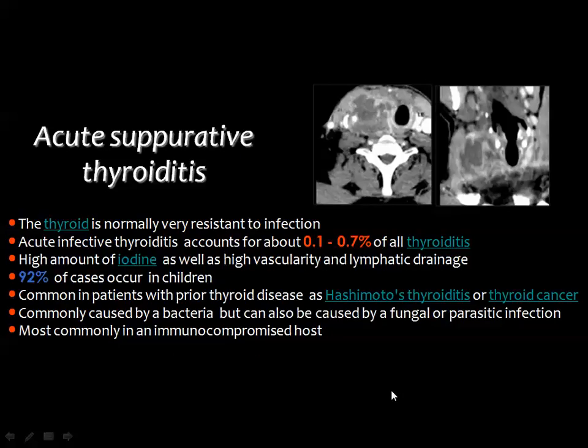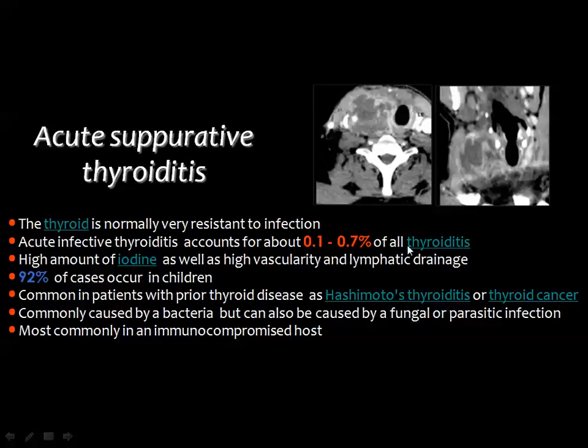You know that the thyroid gland is very resistant to infection because of the iodine content, which is one of the major disinfectants used in surgery. Then infection of the thyroid accounts for about 0.1 to 0.7 of all thyroiditis.